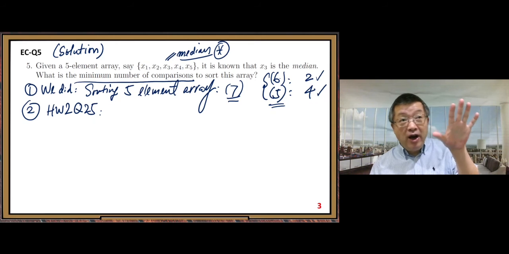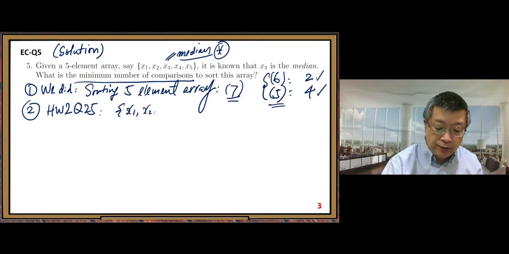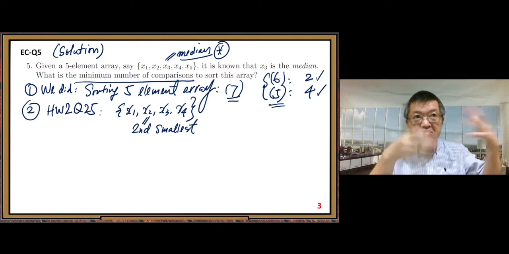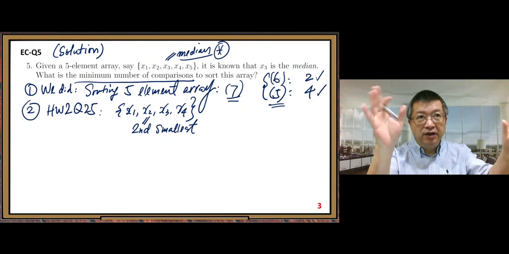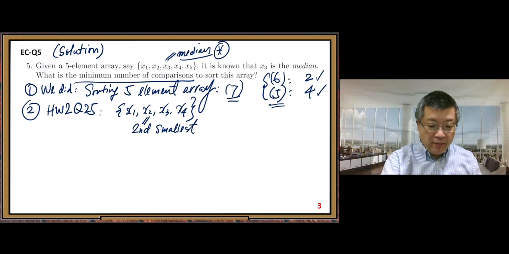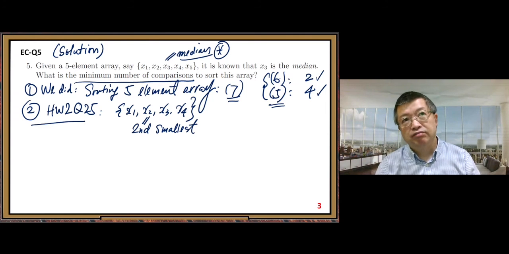In that one, we have 4 elements, x1, x2, x3, x4, and we know x2 is the second smallest. These 2 questions have a similar structure. The only difference is the element number: 4 elements in that question and 5 elements in our current question.